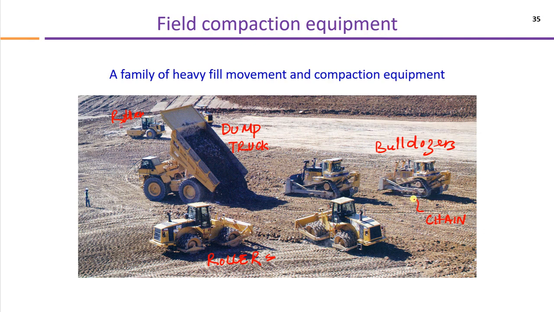So they are not rubber mounted, tire mounted. They are chain mounted bulldozers. These bulldozers have a blade here. This blade is going to help us in spreading the soil and leveling the area. So these are some of the equipment that is used in the construction.